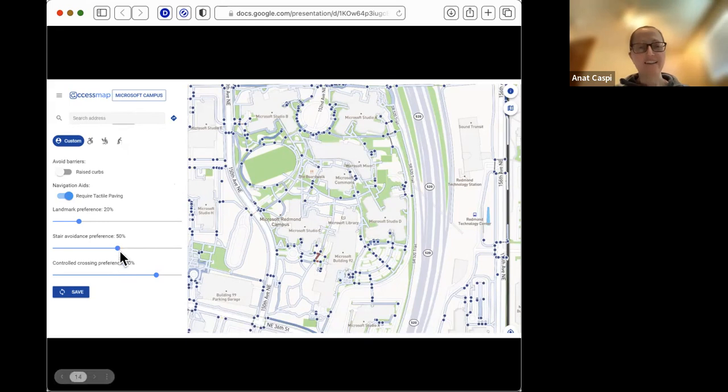So the percentage here is something that we need to really work with participants to improve these sliders, to communicate much better what we're trying to gather from the audience, which is how much do you need landmarks in order to orient yourself to the path. For example, I'm going around this circle and I expect to see 1, 2, 3, 4, 5 light posts until I get to the intersection I need to exit this round, right? Whereas on the other hand, going this way, you don't have those light posts.